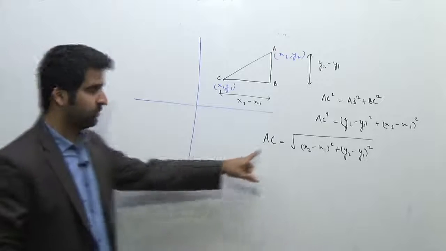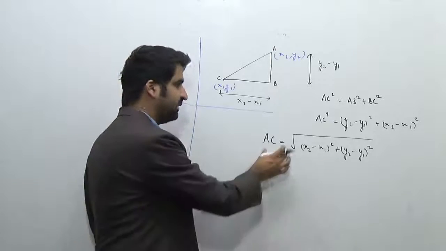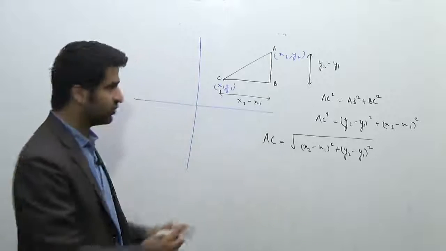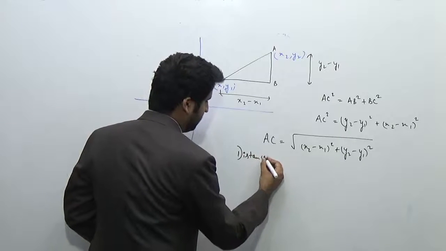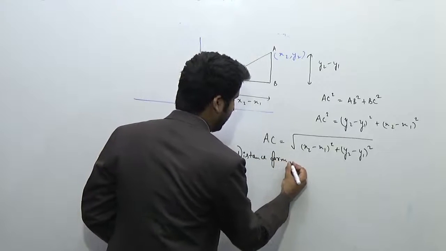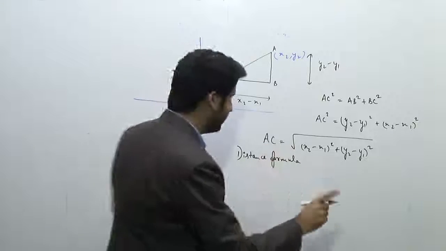So if I have to find the distance between 2 points x1 y1 and x2 y2, we can simply apply this formula, and this formula is called the distance formula, to calculate the distance between 2 points x1 y1 and x2 y2.